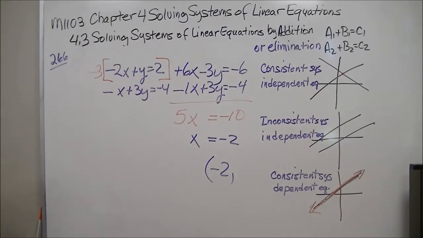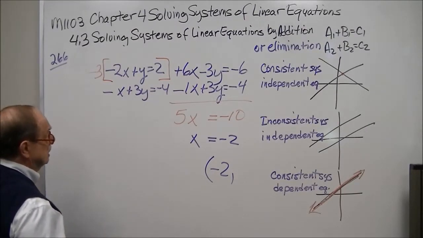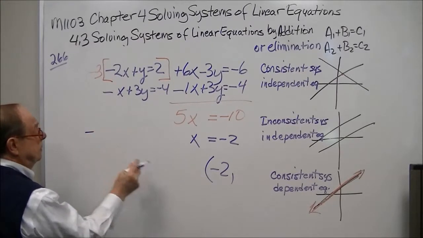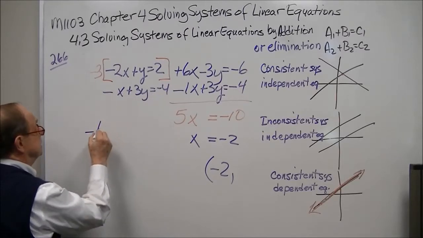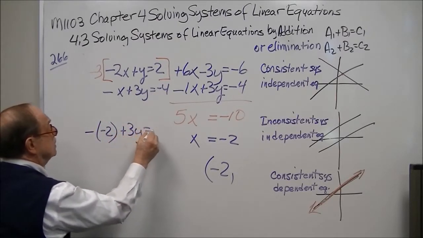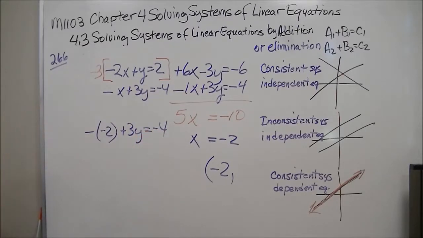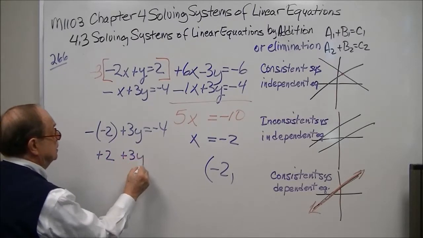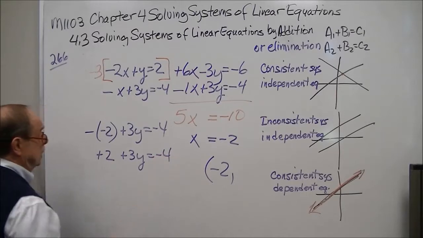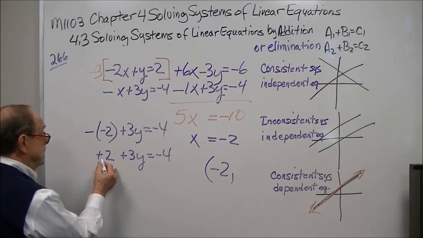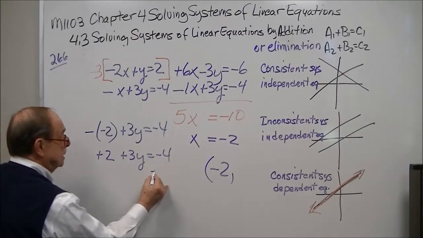Now we can use either equation, and let's use this one. So we have a negative x, which is a -2, plus 3y equals a -4. So this becomes a positive 2 plus 3y equals a -4. Now we're going to transpose our -2 to the other side.